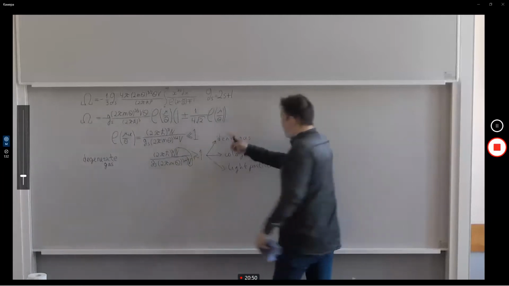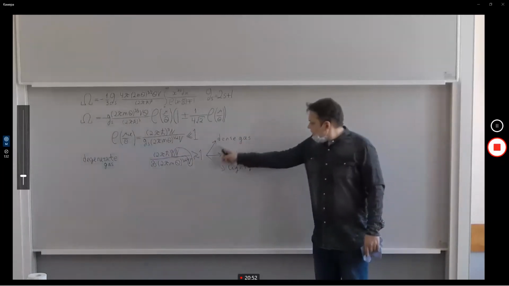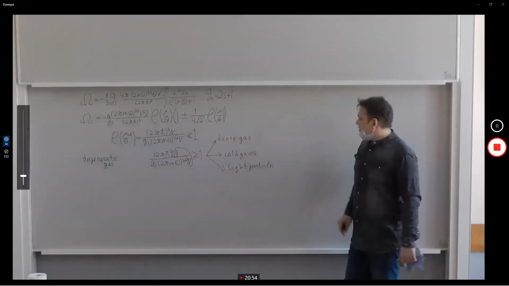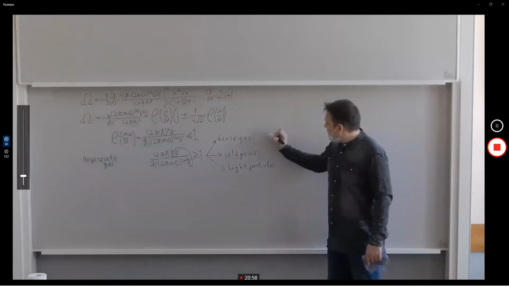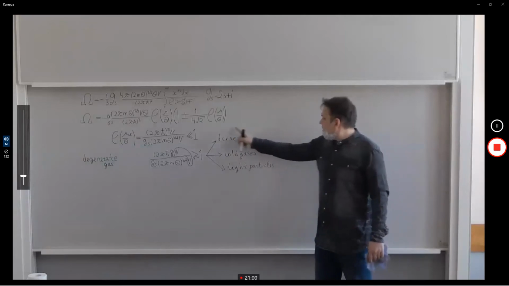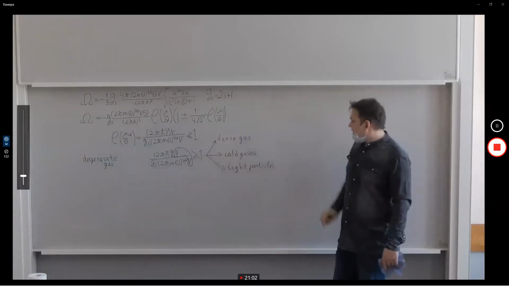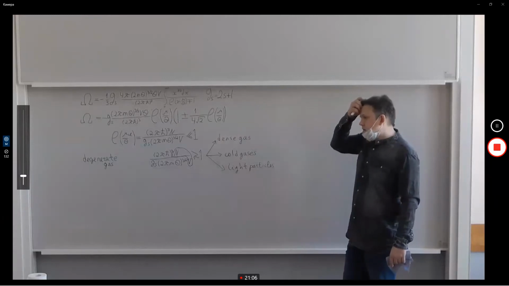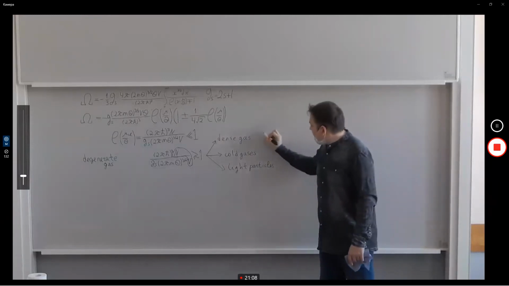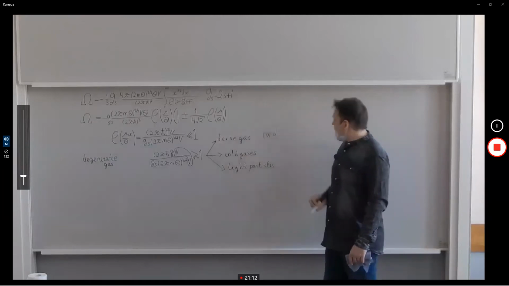And all these three cases appear in the real world. The first option, I mean dense gases, we face in astrophysics. These are so-called degenerate stars.